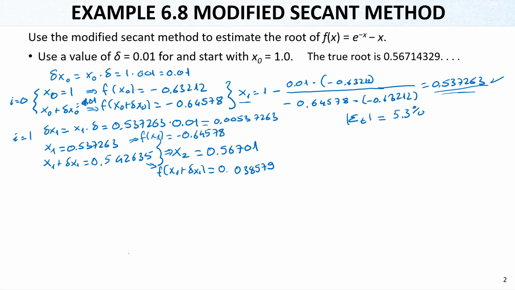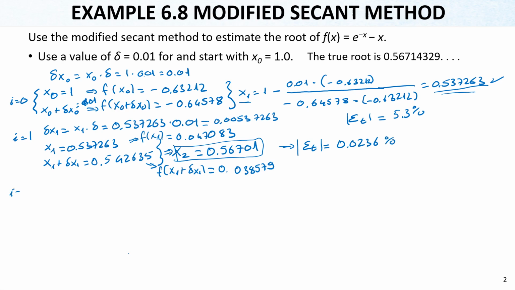Actually, this is wrong. This value is 0.047083. You can use these in the modified secant method formulation and get this x2 value. Then the epsilon t is here very small, 0.0236%. It's again the absolute.